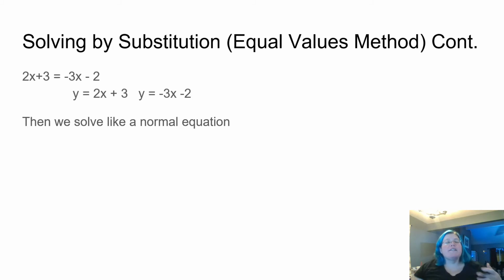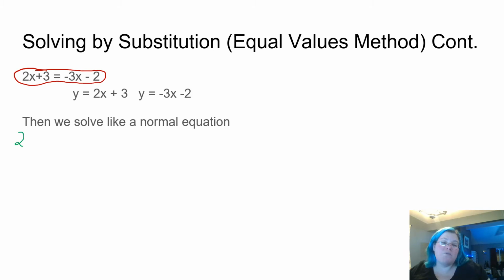So what exactly does this look like in terms of solving? Well, once we make that substitution, our equation 2x plus 3 equals negative 3x minus 2 looks an awful lot like what we did first semester when we were solving equations.